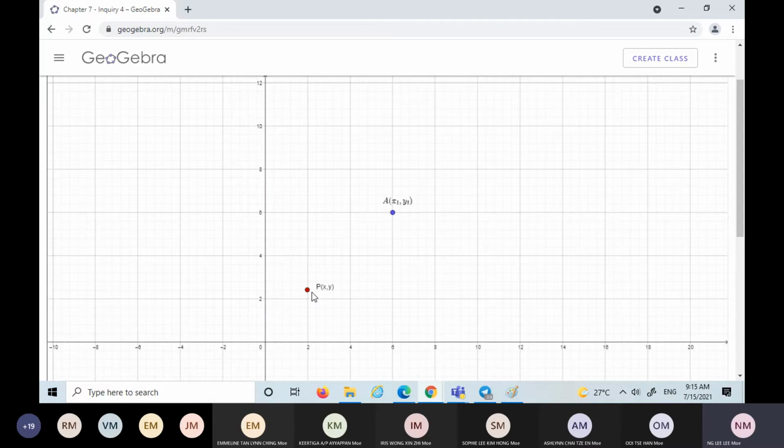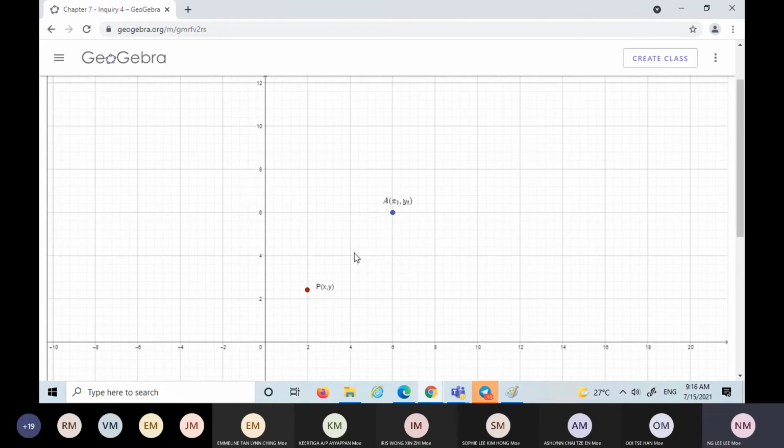I go through the textbook. Let point P(x, y) be a point at distance r from a fixed point. The fixed point is A(x1, y1), where r is greater than 0 because distance is usually positive. Move point P and observe.